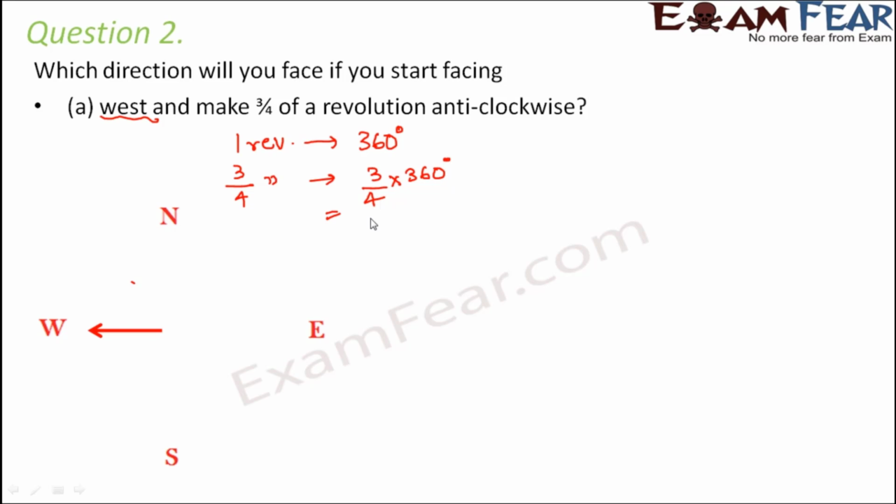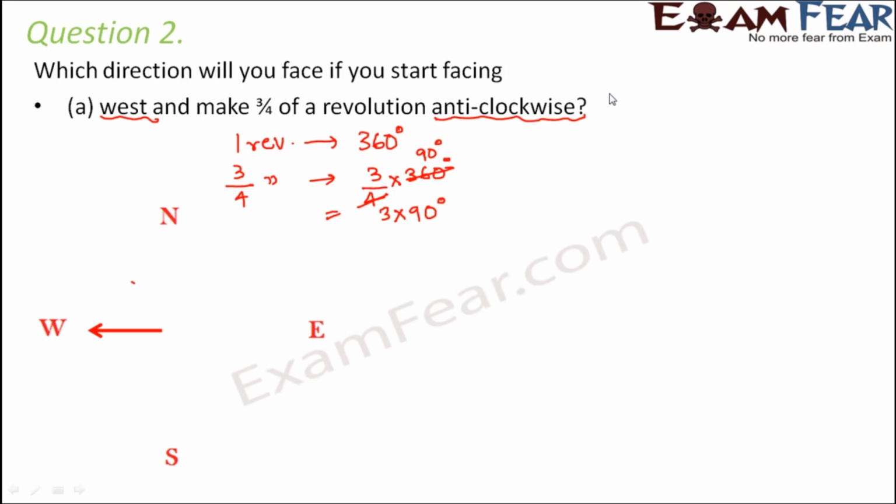Now if you calculate this, you would see this is 90 degrees. So that is 3 into 90 degrees. So basically it is 3 times 90 degrees. When you actually start the revolution, you make 270 degrees. So 3 right angles you need to complete. And in which direction? In anti-clockwise direction.